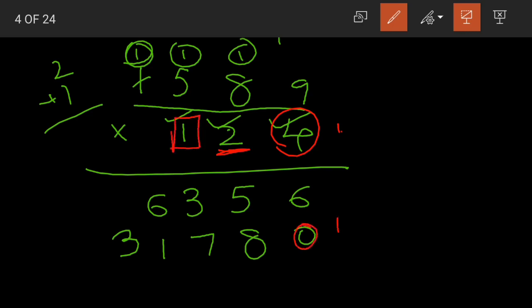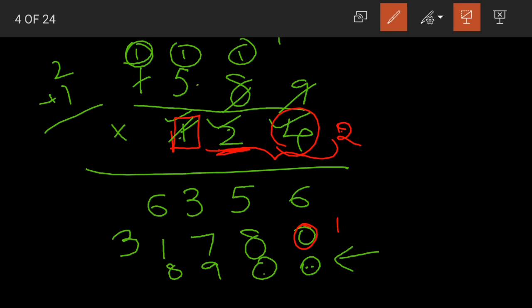Now after 1, how many digits are we having? 2 digits. Yes. So how many zeros should we place? 2 zeros. In the new line, how many zeros should we place? 2 zeros. Understood? Now let us start multiplying. 1 nines are 9, 1 eights are 8, 1 fives are 5, and 1 ones are 1. Clear children?